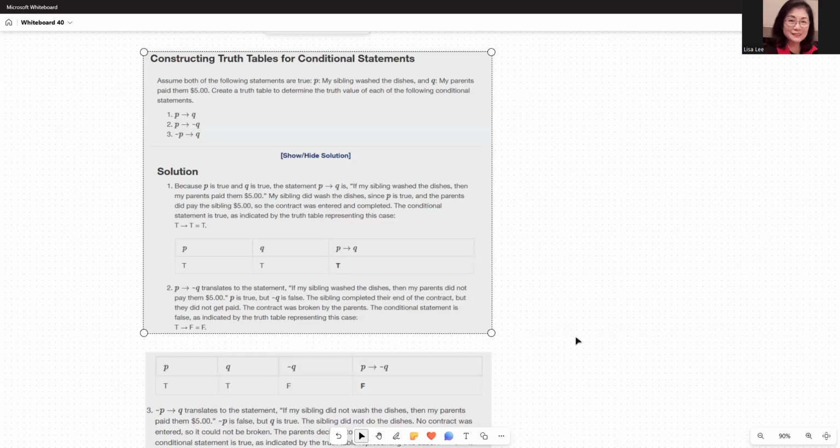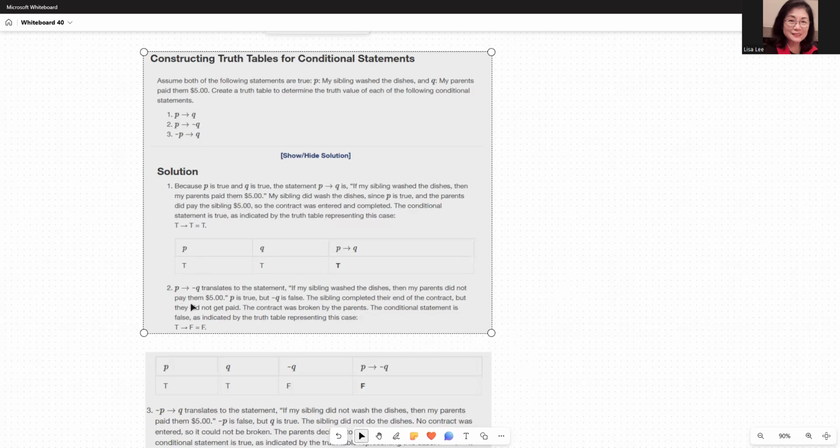It's true. The contract was entered and completed. So look at the statement below; that's what we had to show. Under P, true, and Q is true. So P implies Q, of course, is true, right? So put a T for true.